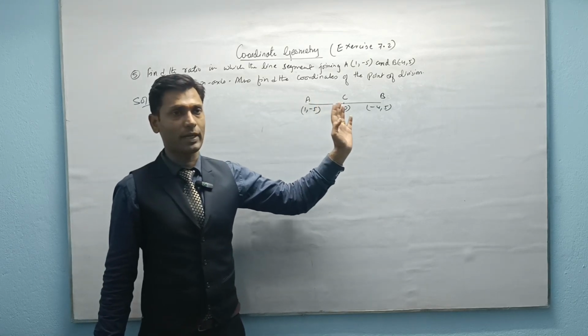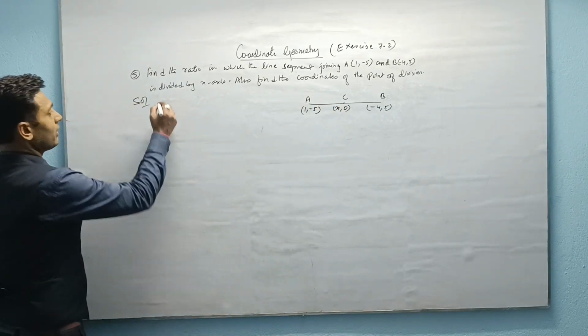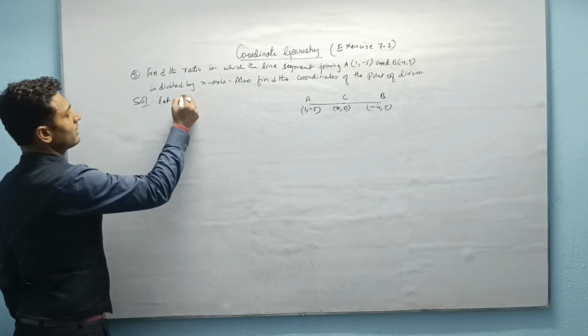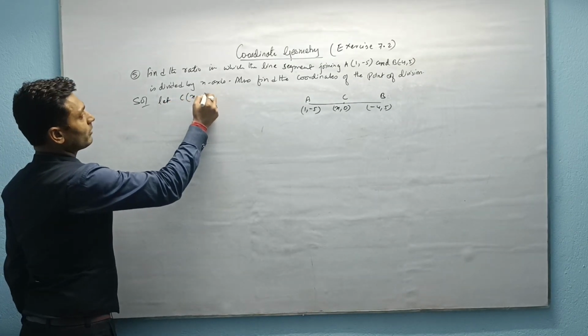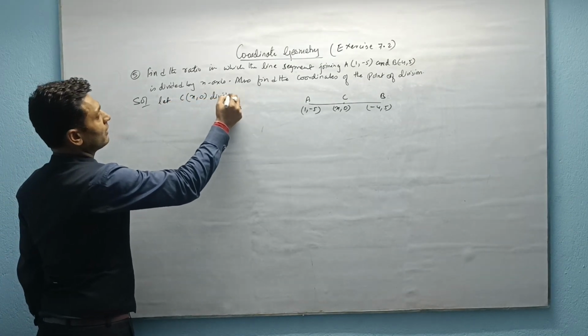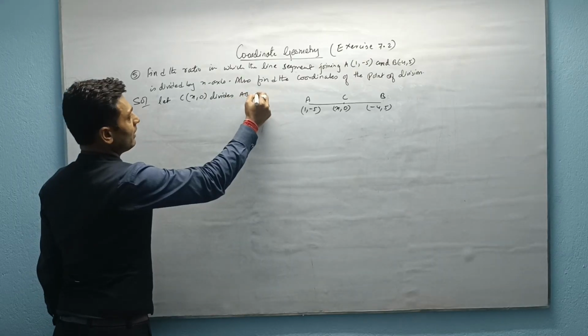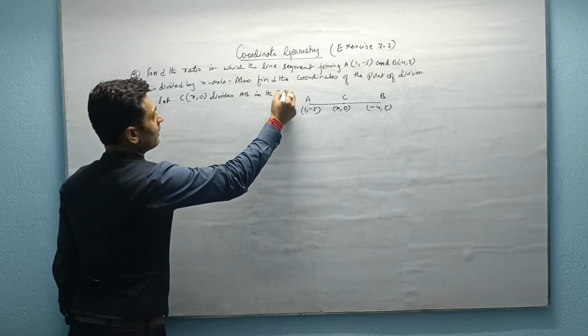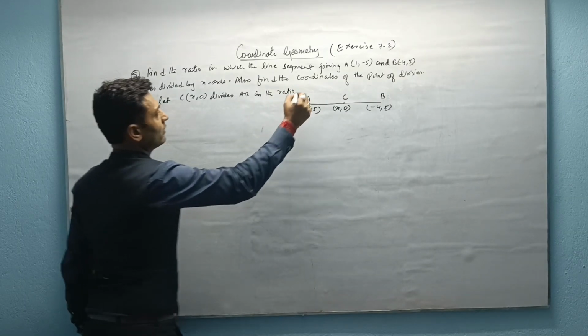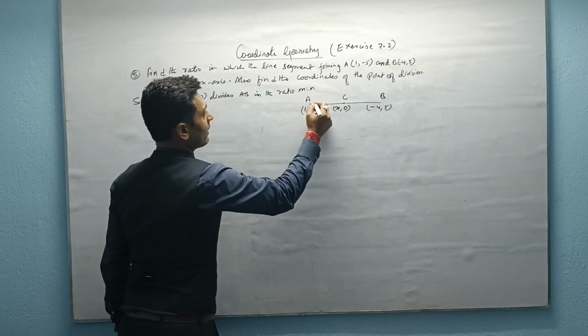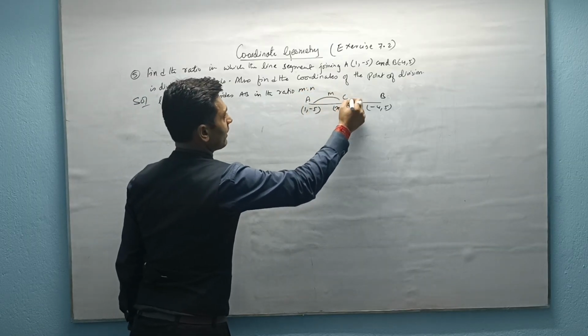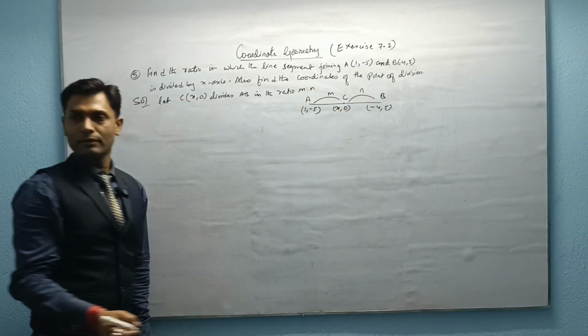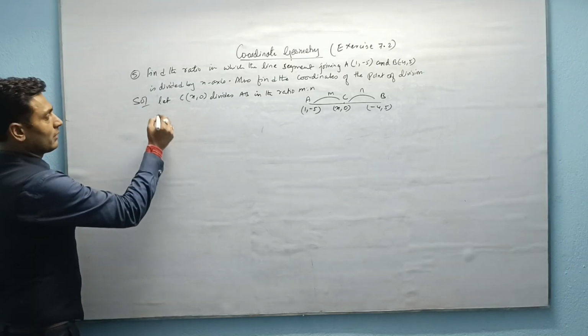So we just need to determine x. So we'll write here, let C (x, 0) divide AB in the ratio m is to n. So this is m and this is n. Clear?